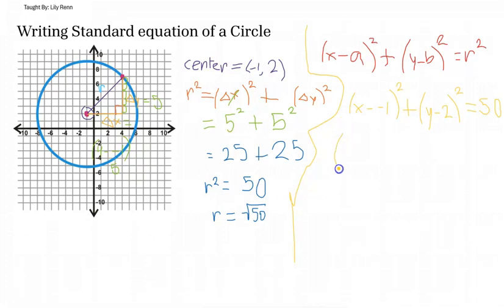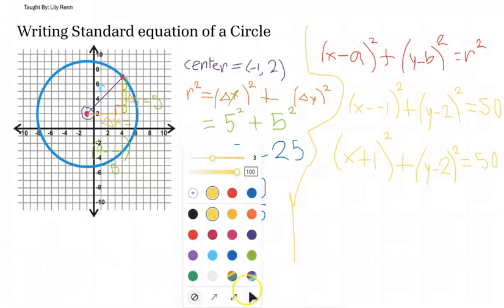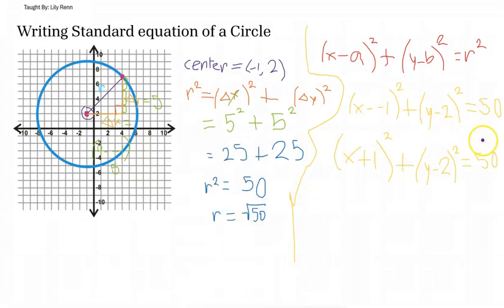We only have to do one thing to simplify it, so I'm just going to write out the final answer here. X plus 1, because negative and negative is a positive, squared, plus y minus 2 squared equals 50. Okay, and there we have our final answer.